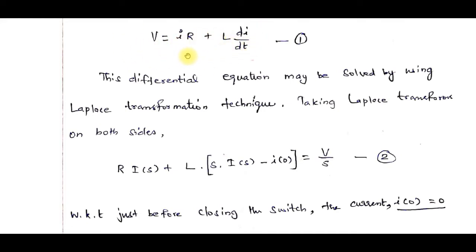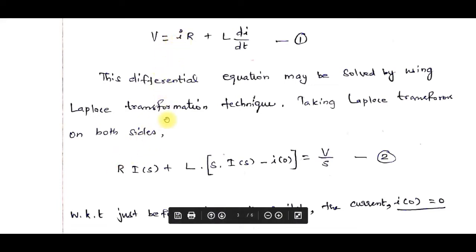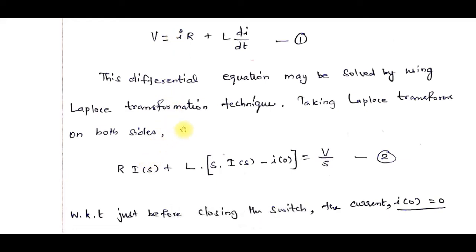If you apply Laplace transform, for i into R, here R is the constant value, i is the time domain value i of t. So R will be constant, i of t will be converted as I of s. Time domain will be converted into s domain.